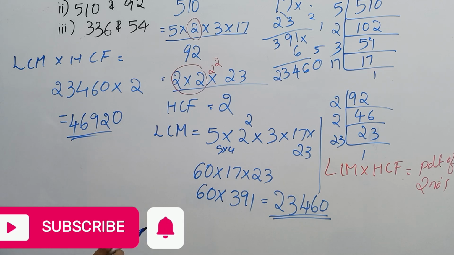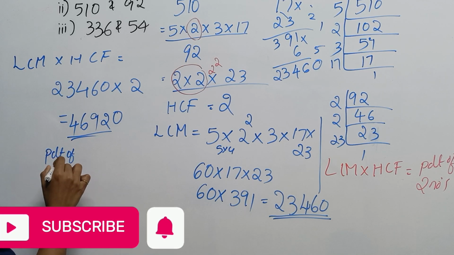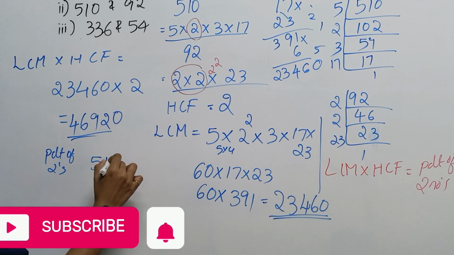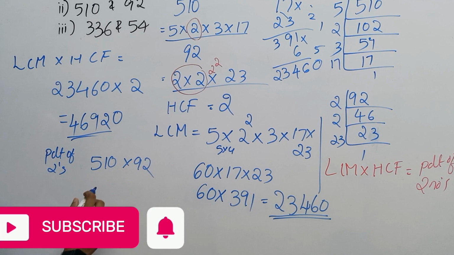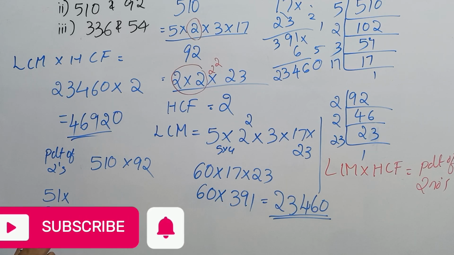46,920. Now, the product of two numbers, which are they? 510 and 92. So, let's multiply 510 into 92. 2 times 0 is 0, 1 times 2 is 2, 5 twos are 10, 10 plus 9, 19, remaining 1, 9 plus 5, 45 plus 1, 46, and 0 is there.